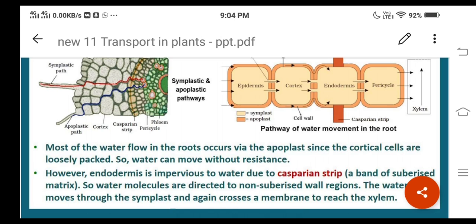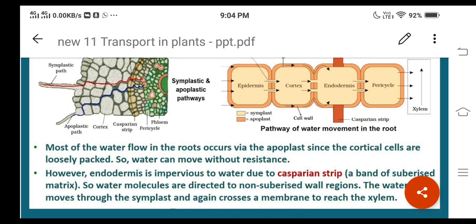In this concept they are not given clearly, but when we study the anatomy of the roots we will come to know. In the endodermal cells some thin cells will be there, called passage cells. Through the passage cells the water can move from the endodermis into the stellar part or pericycle part.